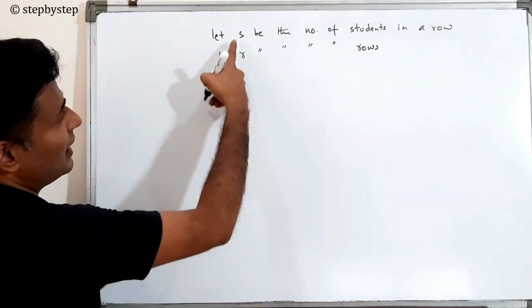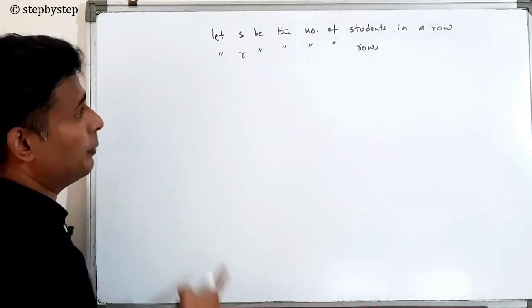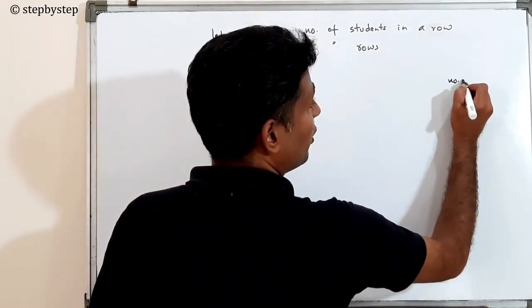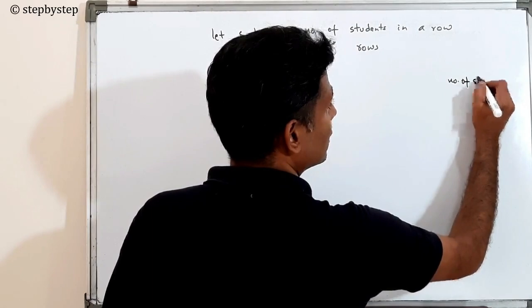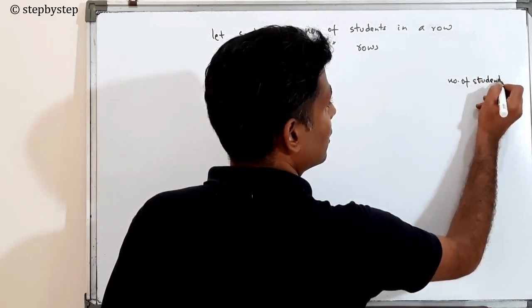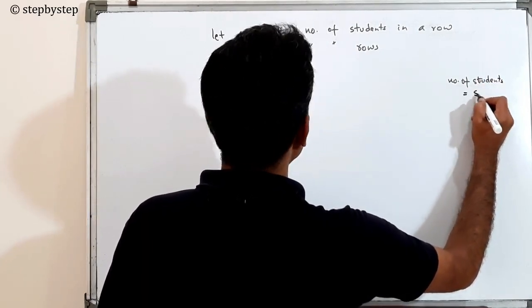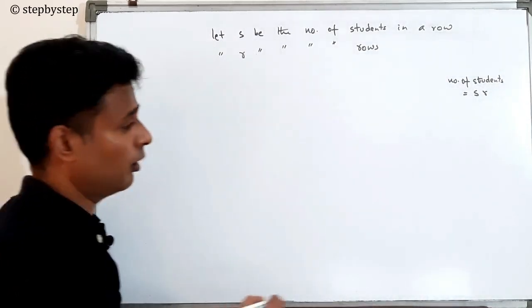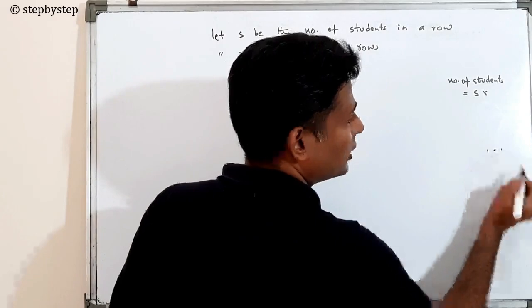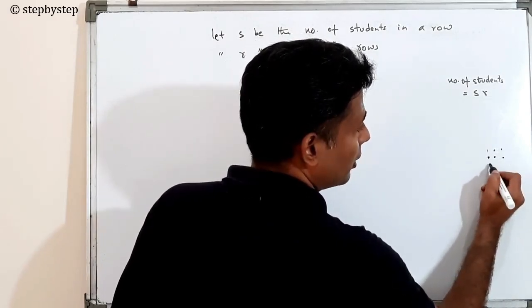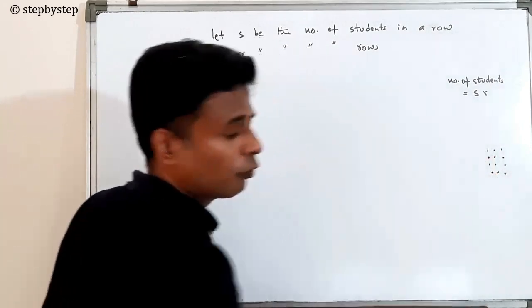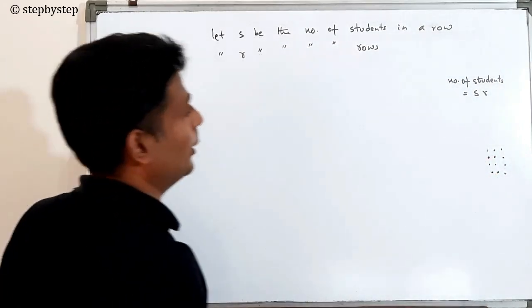So what is the total number of students? Number of students will be equal to S into R, right? Like for example, there are 3 students in one row, there are 4 rows. So how many students? 3 into 4. That is the idea.